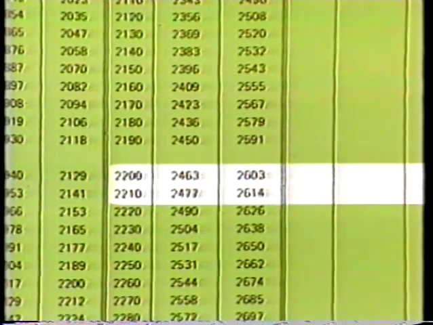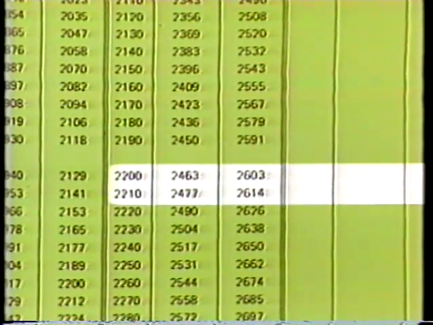So the minimum moment limit is halfway between 2,403 and 2,477, or 2,470. And the maximum moment is halfway between 2,603 and 2,614, or 2,608.5. It's easy to see that 2,565.5 falls within these limits.